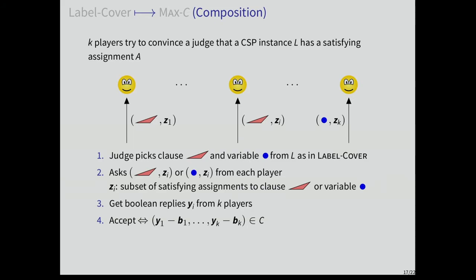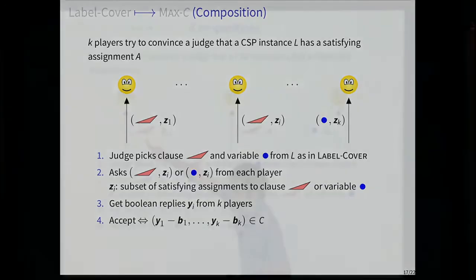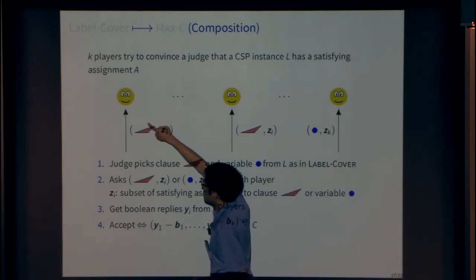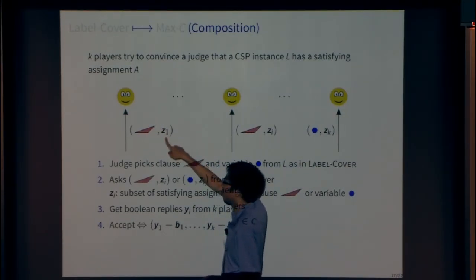But instead of asking the K players for the assignment to the clause and an assignment to a variable, the judge cannot do that because in this max CSP game, we want players' replies to be Boolean, to be just a yes/no answer. So what we do is we will also pick a subset Z1 of satisfying assignments on this clause and ask the first player, does the satisfying assignment to the clause belong to this subset Z1?